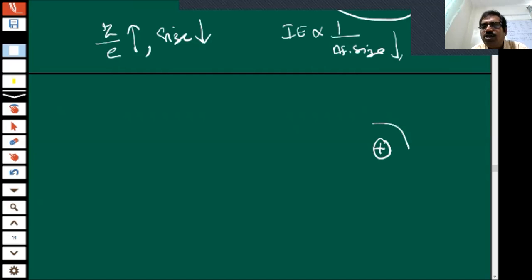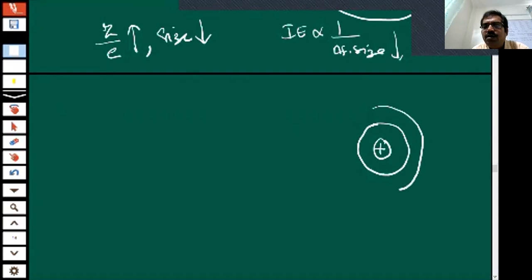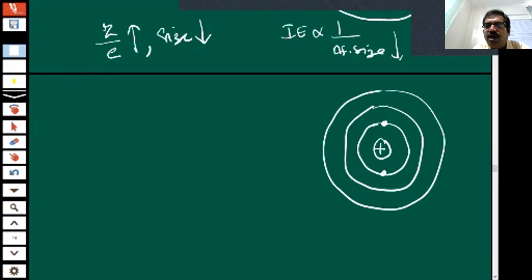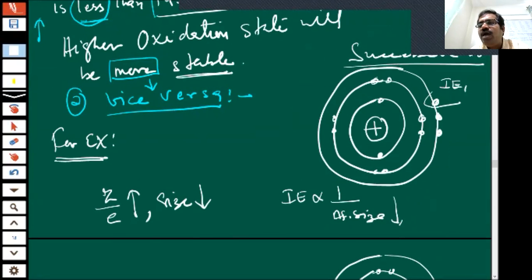The condition will become like this. This is the nucleus, first orbit, second orbit, and third orbit. 2 electrons are in the inner orbital, 8 electrons are in the second orbital. Now how many electrons are left? In the third orbit we have removed an electron.